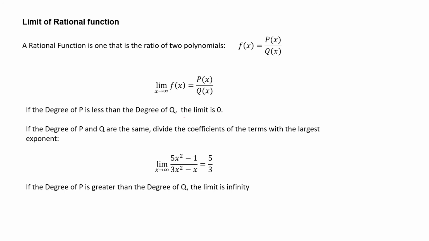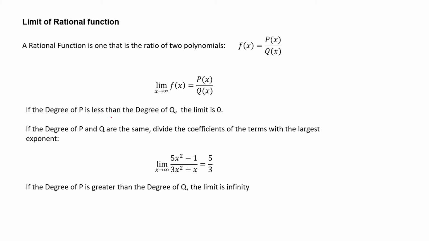We also discussed limits of rational functions in grade 12. A rational function is one where the top and bottom are both polynomials. And in grade 12, we discussed the end behavior when x approaches infinity.